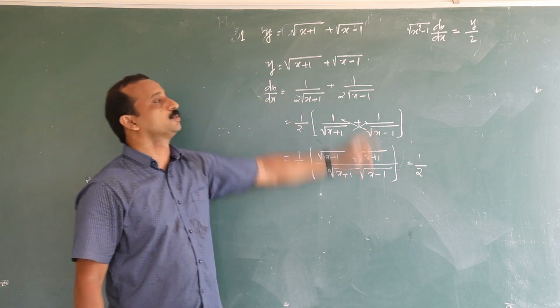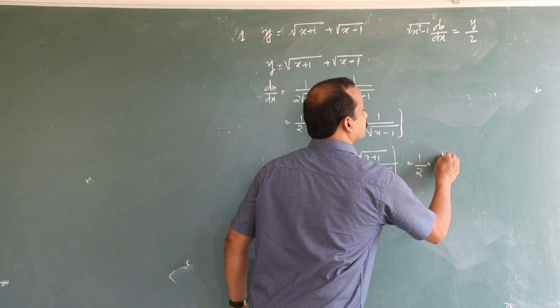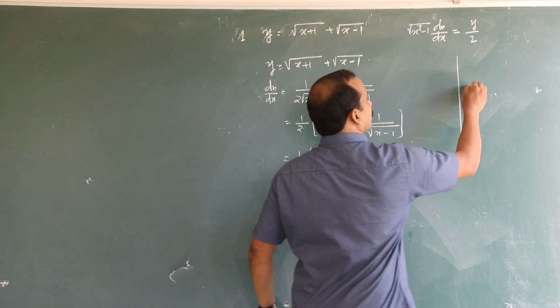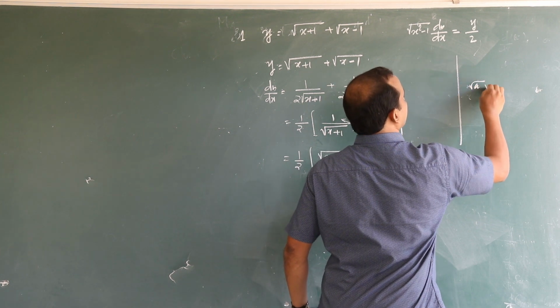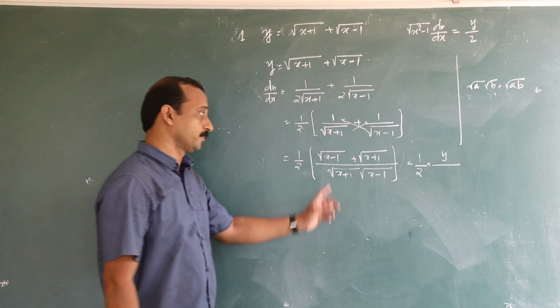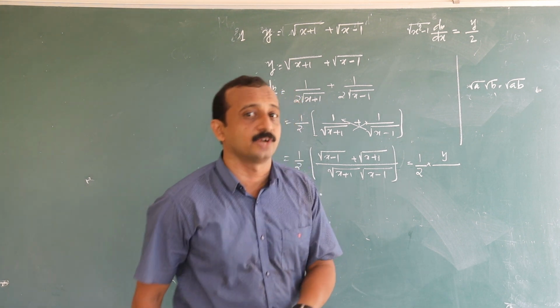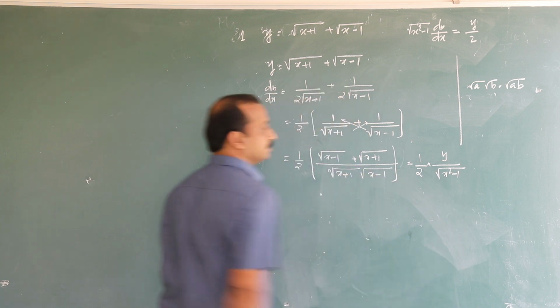They have given y is equal to root of x plus 1 plus root of x minus 1. Therefore, on the numerator we get the answer y, divided by the denominator, which is of the form root a into root b, and root a into root b is equal to root of ab. And therefore, root of x plus 1 into root of x minus 1 is root of x square minus 1. That is, the denominator is root of x square minus 1.